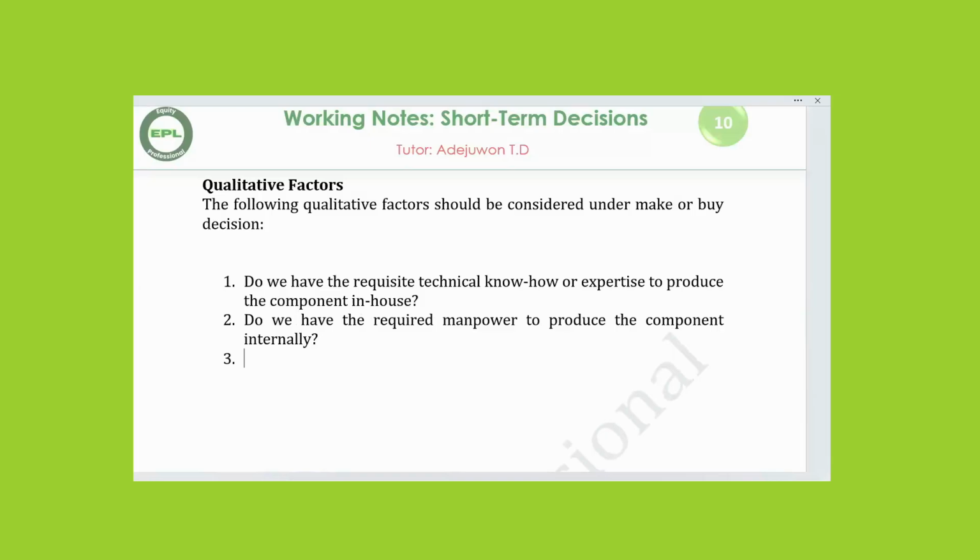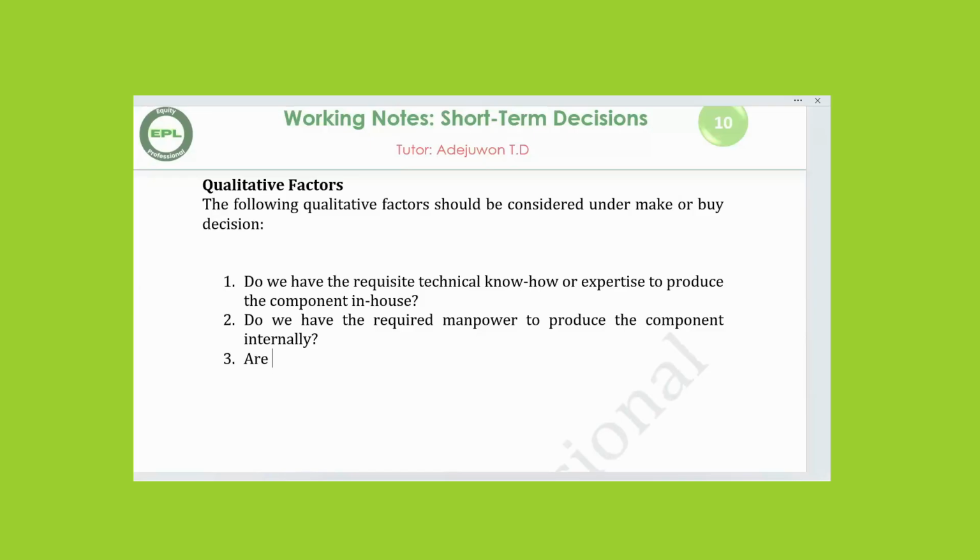All right. Let's consider the perspective of the company first before we talk about the external supplier. Then number 3: are we permitted by law? You need to consider the regulatory aspect of it.